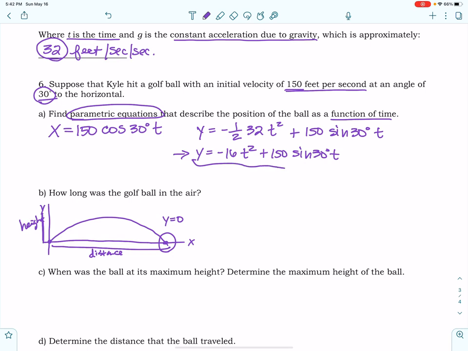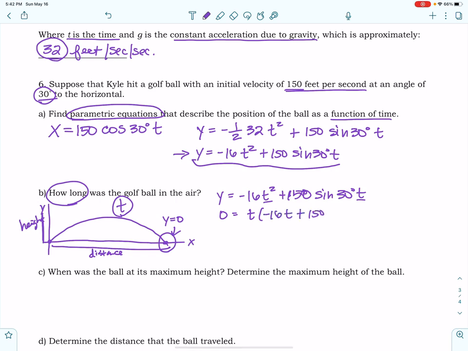So this is the equation I'm going to use. And I'm looking for t, okay, how long? So I'm going to use this equation that I found in part A. Okay, and now it's going to have to be when y is at 0, just like I said. So that's 0. Here I'm going to factor out a t so that I can solve this properly.